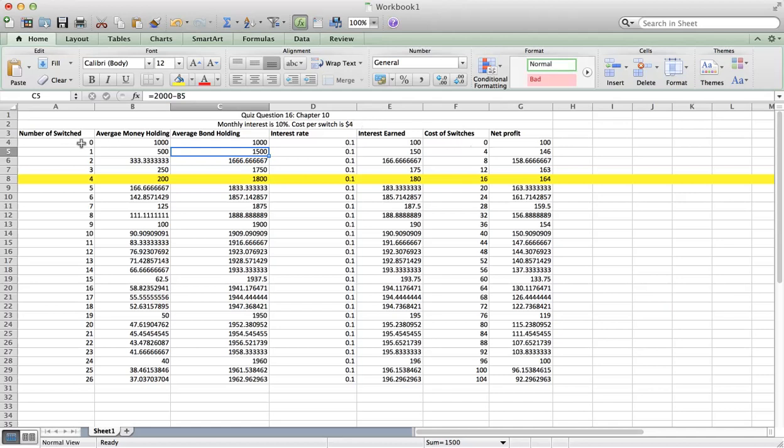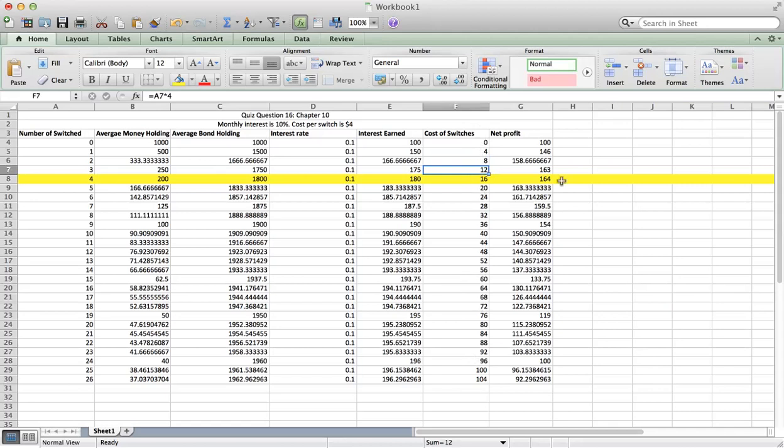With zero switches, if you don't switch at all, the cost would be 0. You switch once, and the cost is 4. 2 multiplied by 4, you get 8. 3 multiplied by 4, you get 12. And you get this column right here. So you calculate the cost of switching.